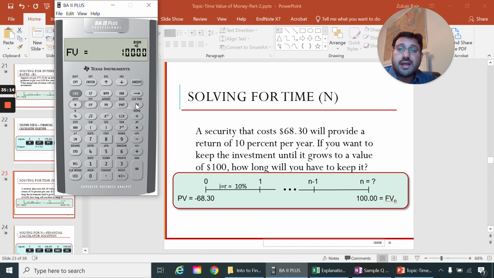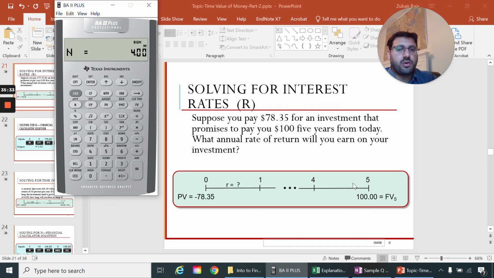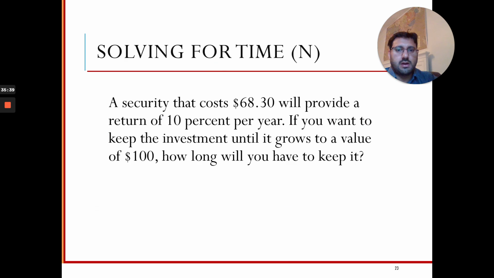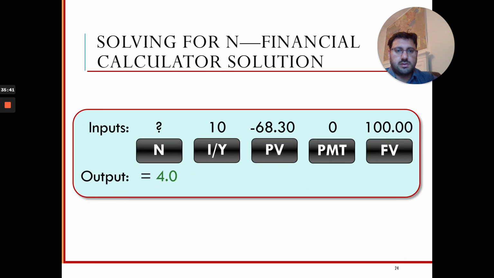Now you want to know that in how much time period you'll be able to convert $68.3 investment into $100 if the investment is earning 10% interest rate. So compute, and this is giving me 4 time periods. So 4 years. In 4 years, you'll be able to convert this amount, $68, into $100, right?